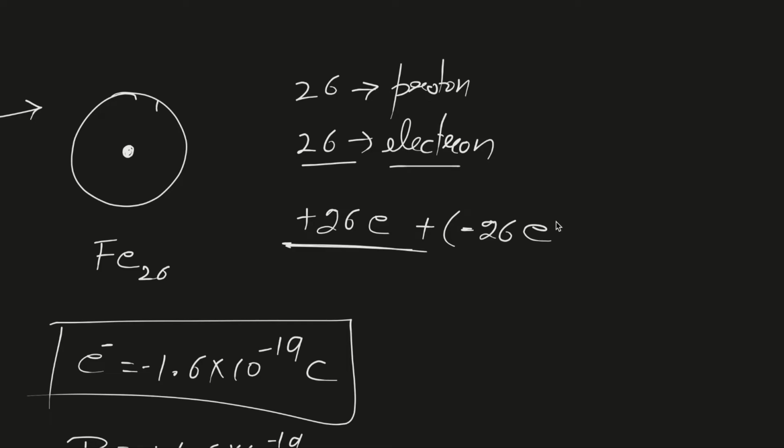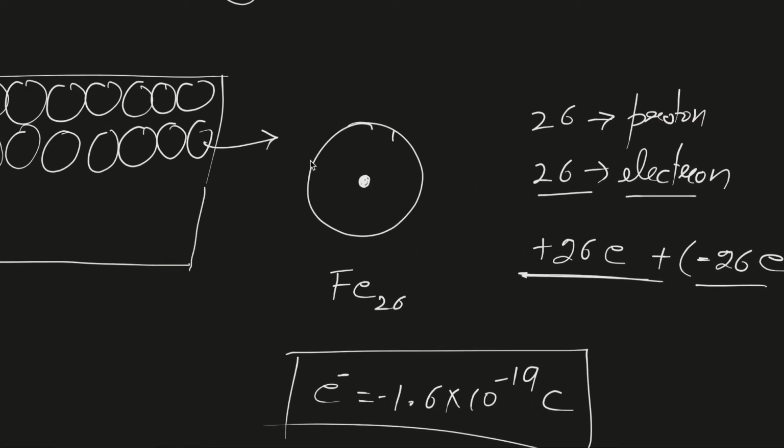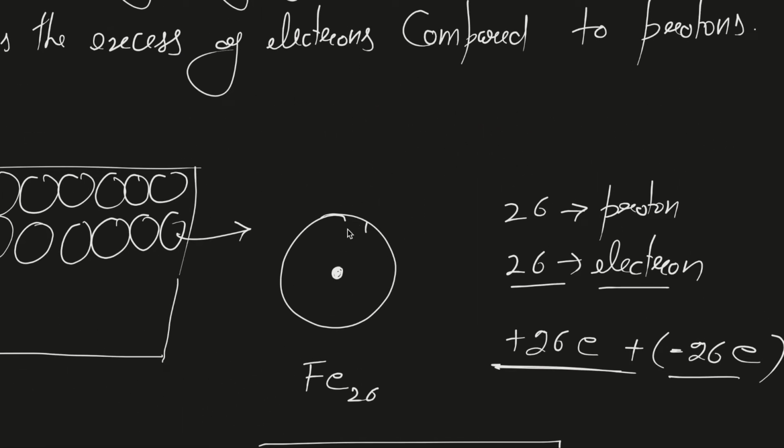The protons contribute positive charge and the 26 electrons contribute negative charge. If we add them, the total charge on an atom is zero. Basically this means that the single atom is neutral.